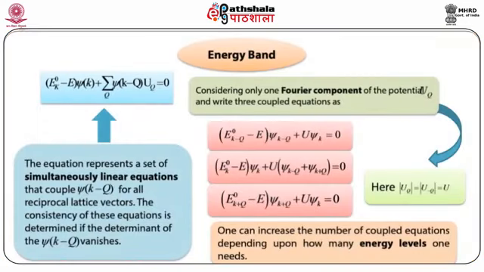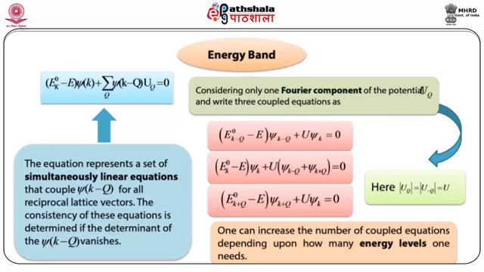Energy bands. The Schrödinger equation in Fourier space in 1 dimension, which was found in the previous module, is written as (E_k^0 - E) φ_k + Σ_Q U_Q φ_{k-Q} = 0, with E_k^0 = ħ²k²/2m, and Q are the reciprocal lattice vectors.